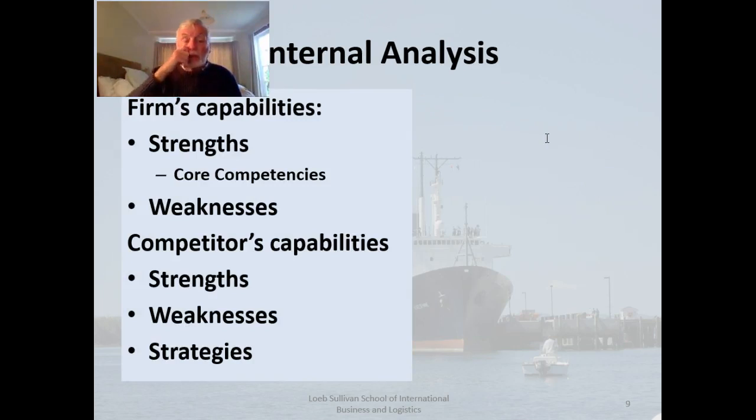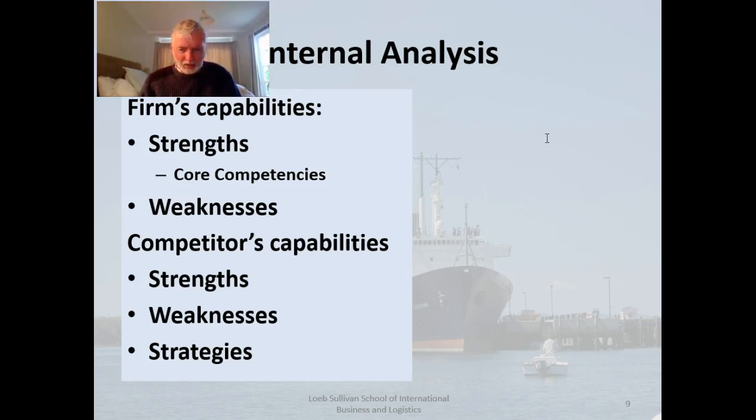And then internally, we want to look at our own strengths, which another word for that, and I think a better word perhaps, is core competencies. What are we good at? What is our strength? What kind of things are we good at? We're all good at something and less good at something else, and the same is true of organizations. Organizations can be very good at some things and not so good at other things.